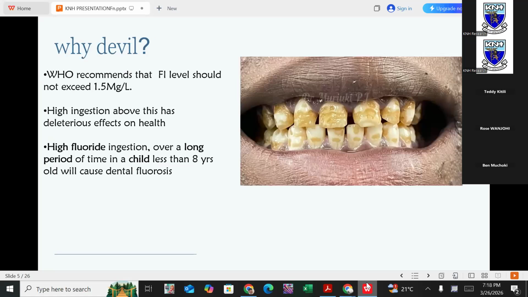Yes, so why devil? WHO recommends that fluoride levels should not exceed 1.5 milligrams per liter. Please note, 1.5 milligrams per liter. High ingestion. Remember, I talked about an angel when fluoride is applied topically.